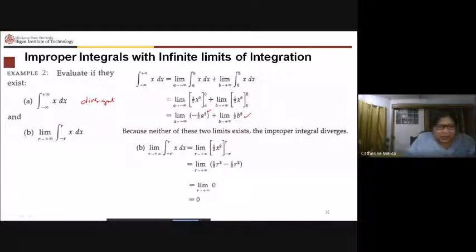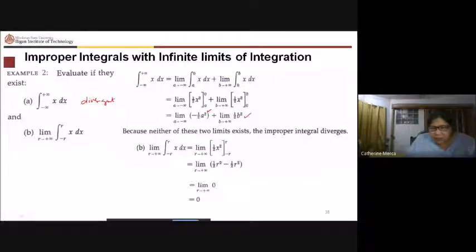On the other hand, consider the limit of the integral of x dx from negative r to r, where r approaches positive infinity. So the limit now of 1/2 x squared from negative r to r.